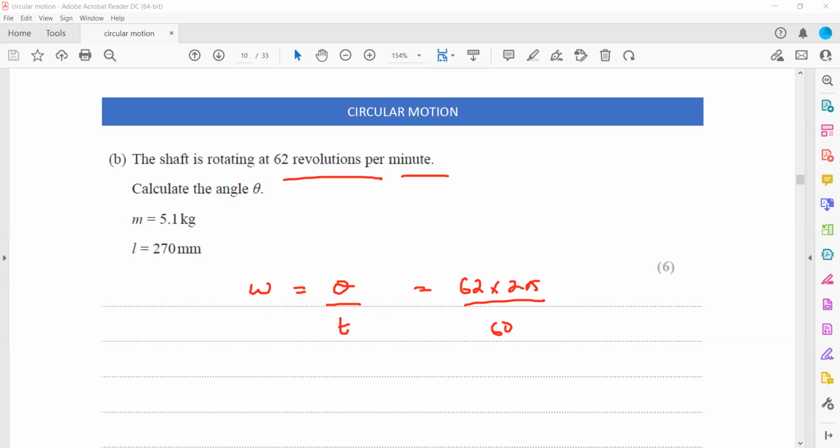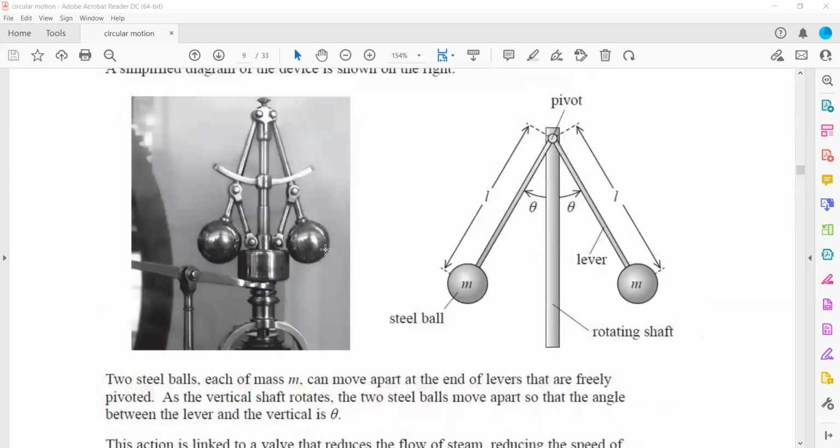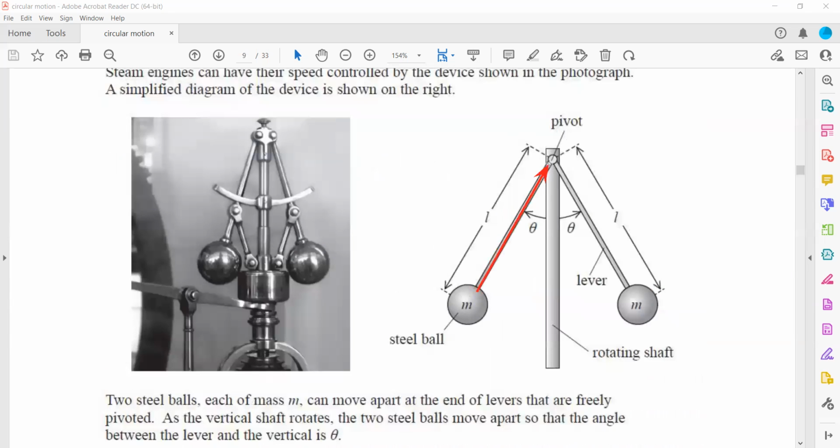Now we have to use the figure to work out the component of the tension balancing with the weight. Here, this is the tension T and the weight is acting down. So the tension will have two components.